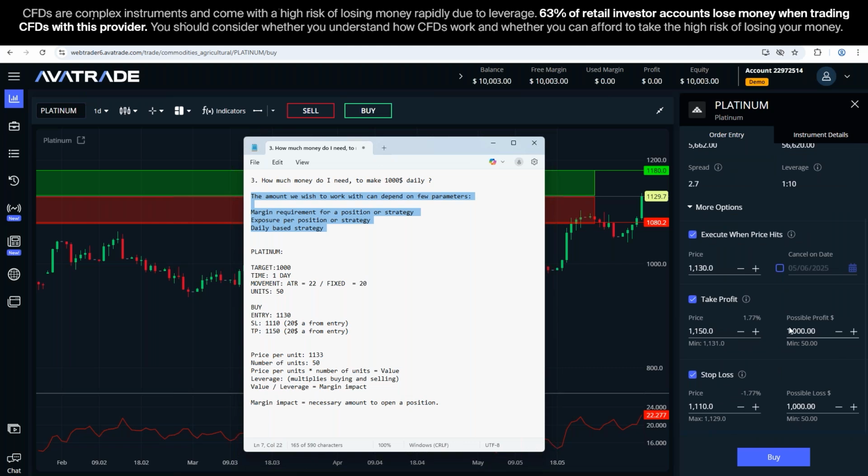So this position is destined to be closed, and maybe opening another position similarly, not necessarily with platinum, but then again, planning to make 1,000 again. Okay, but the general process that I've placed here can be replicated with another instrument easily, just by removing numbers here. And I hope it makes sense.